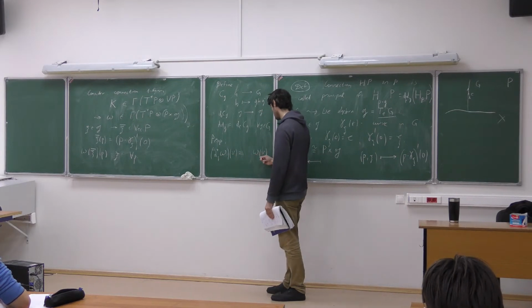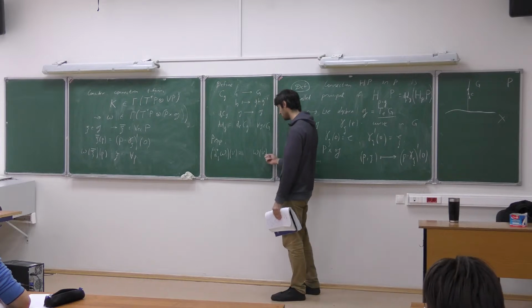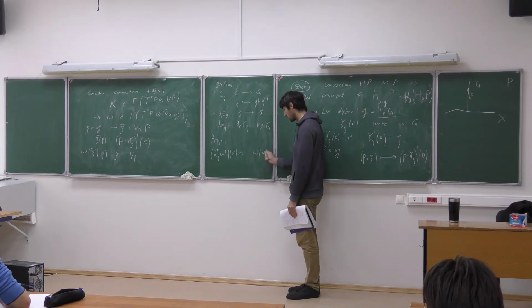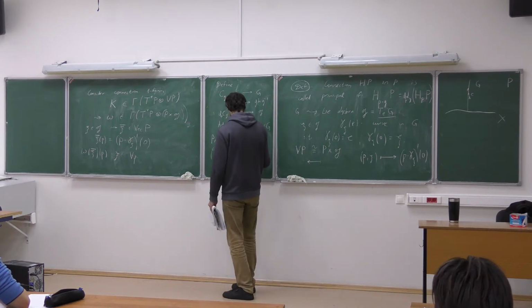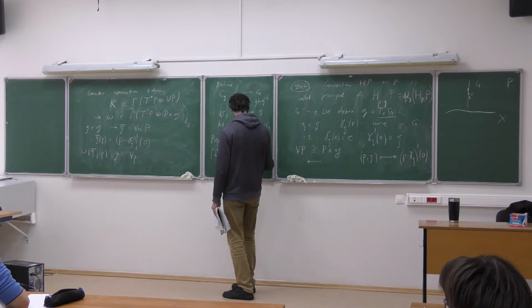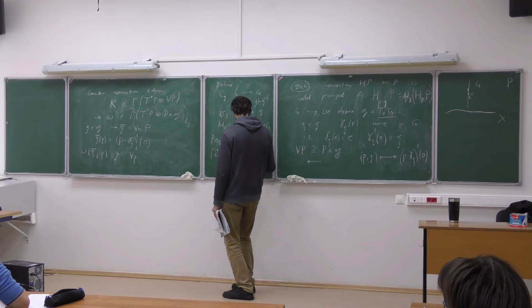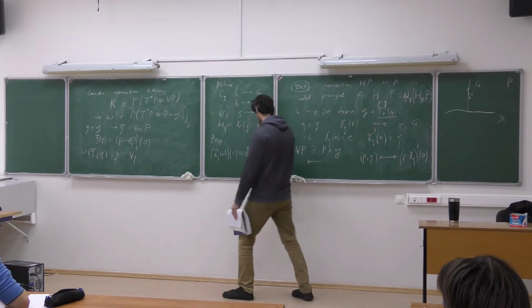I evaluate this and look at its value at point P, this will give me an element in the Lie algebra. And then to this element, I apply Ad G, the same G which is here.